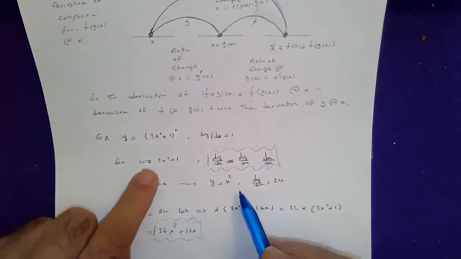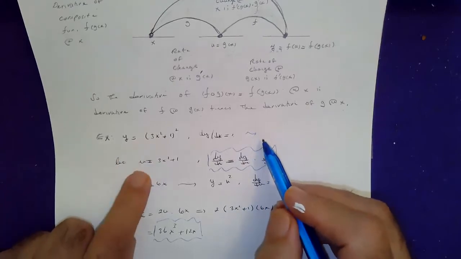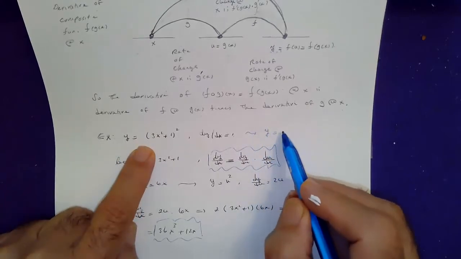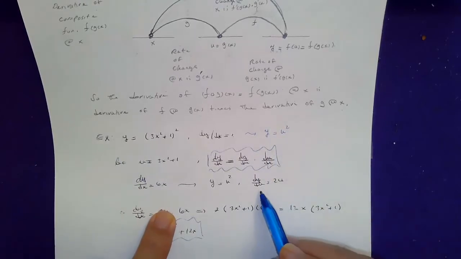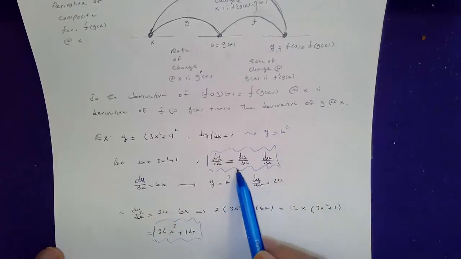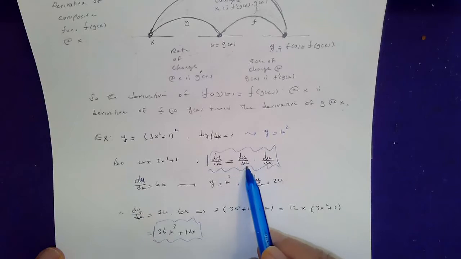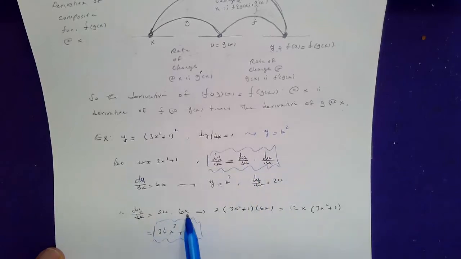When you replace the 3x squared plus 1 with u, you get y is equal to u squared. But dy/du is 2u. So if you follow this formula, dy/dx equals dy/du times du/dx, you get 2u times du/dx, which is 6x. So replace the u with what you decided u is going to be, and lo and behold, you have the answer.